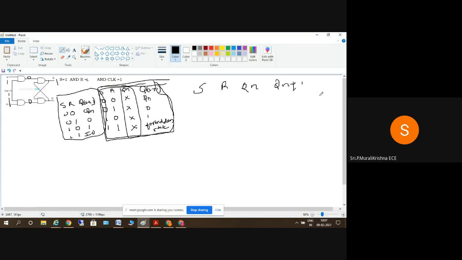Instead of don't care, I'll mark it as 0 and 1. Once I'll take 0, and other time I'll take 1. So 0 0, first I will take a 0. What is Q of n plus 1? Let's elaborate this one.